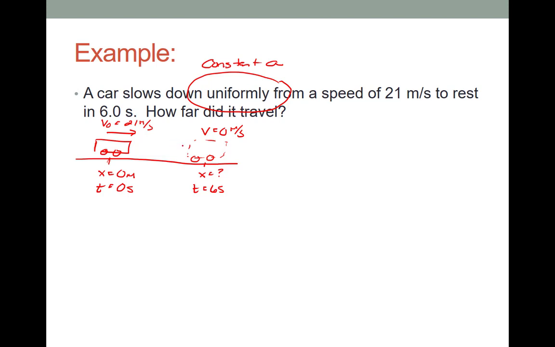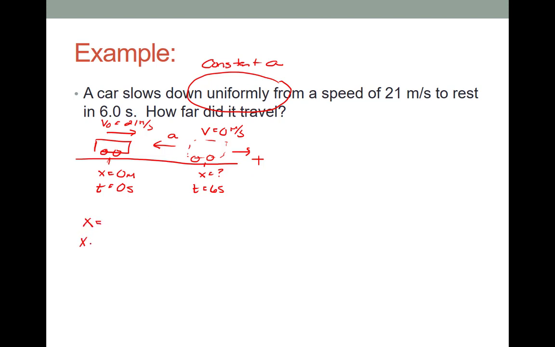And because it is slowing down, the acceleration has to point opposite the direction of the initial velocity. Before I finish my picture, I want to make sure that I put down my positive direction for my coordinate system. So in this case, positive x is going to be to the right.